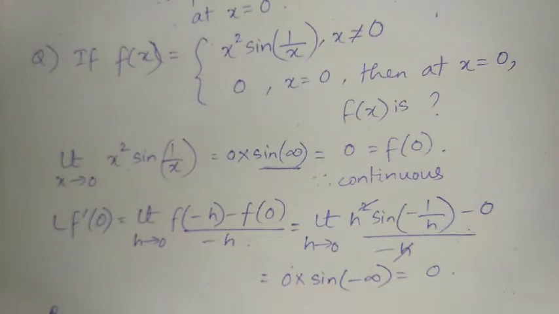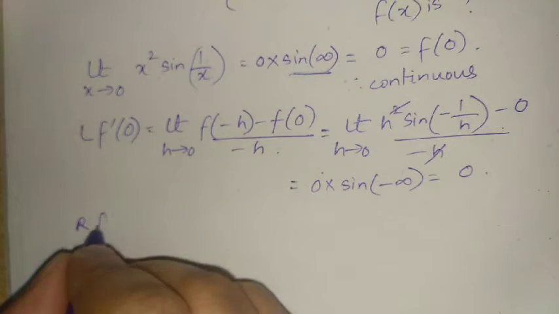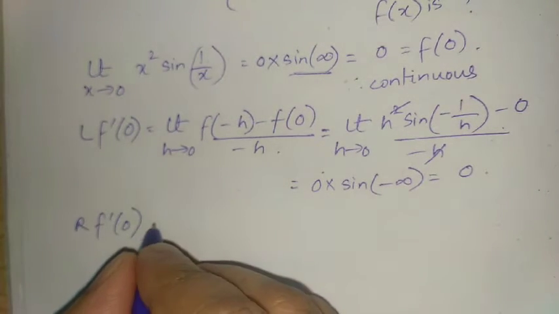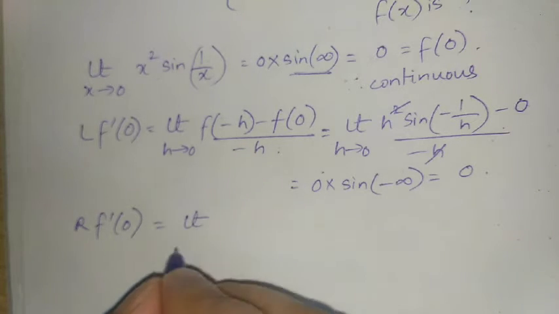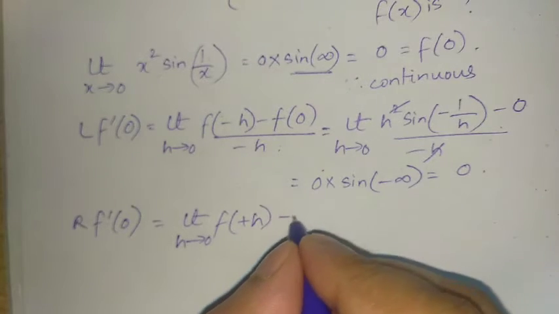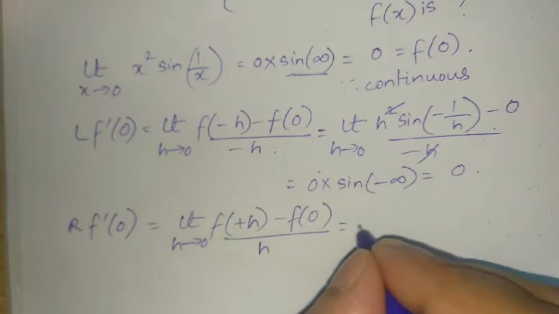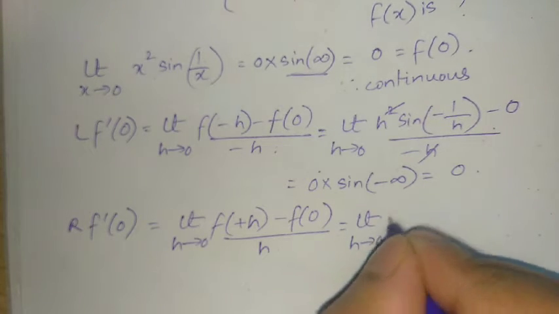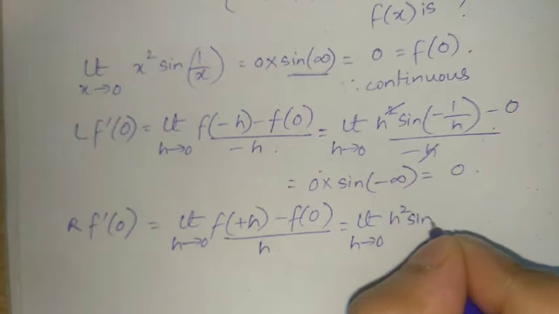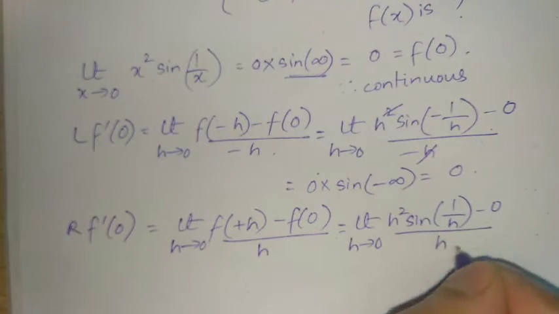And right hand derivative of f dash 0 is equal to limit h tends to 0 f of plus h minus f of 0 divided by h, which is equal to limit h tends to 0 h square sine 1 by h minus 0 divided by h.